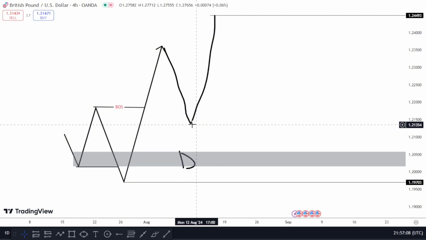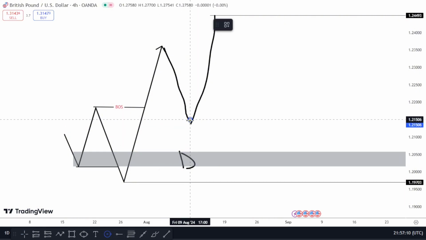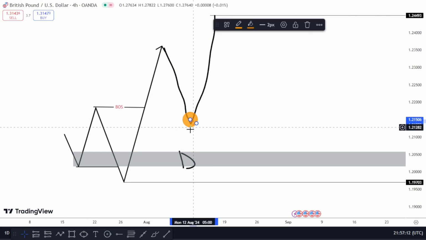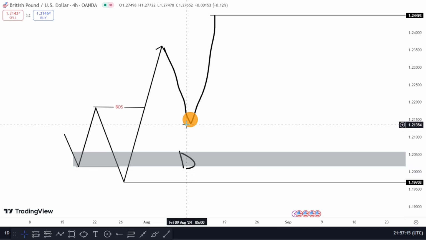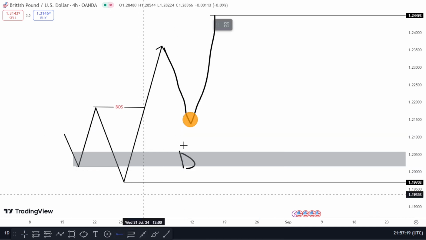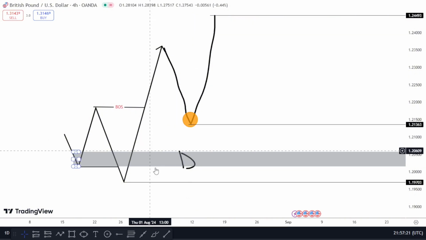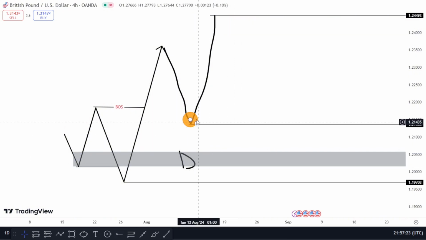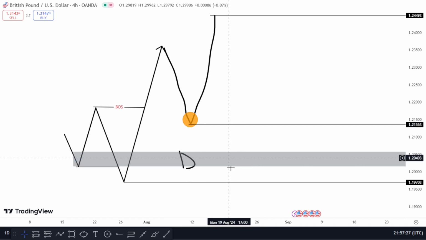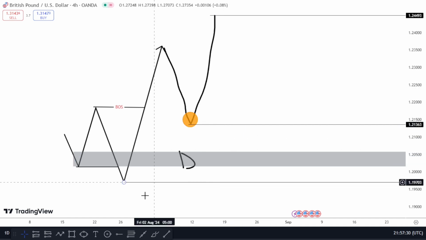This becomes our structural liquidity. That means the market has to come take the liquidity that's resting below this area before we can take a trade. The market needs to come take the liquidity resting below this area, then tap into our POI, then we take our trade.